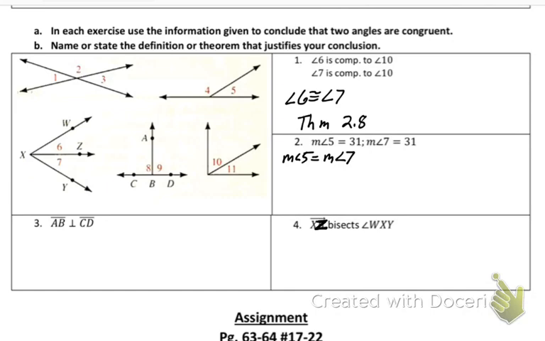All right, Abby, can you give me one reason why this might be true? Well, it's the same measure, so they have to be equal. I don't know what the technical definition of that is. That would be the definition of congruent angles. Yes.